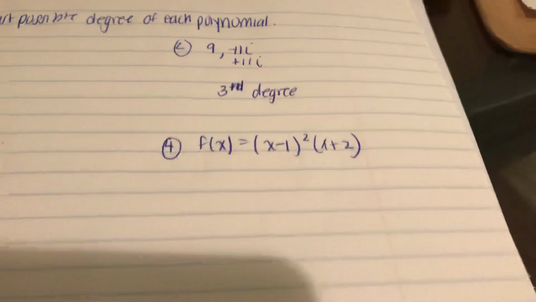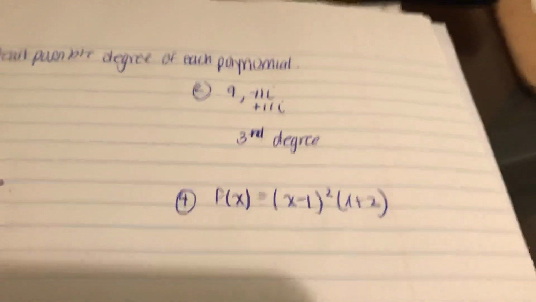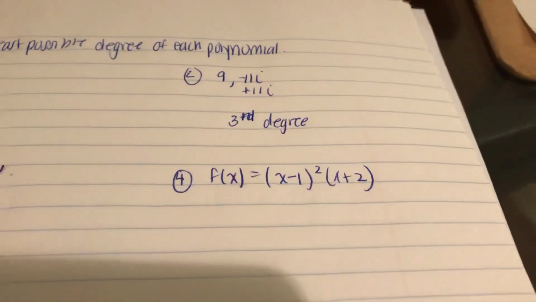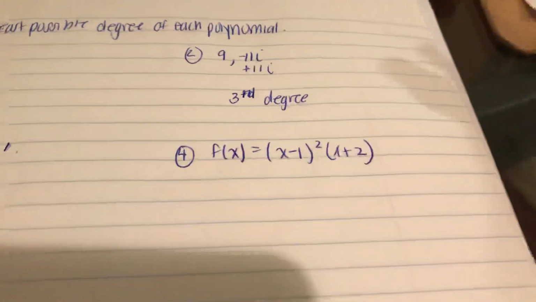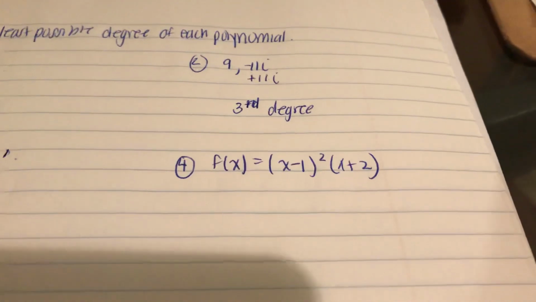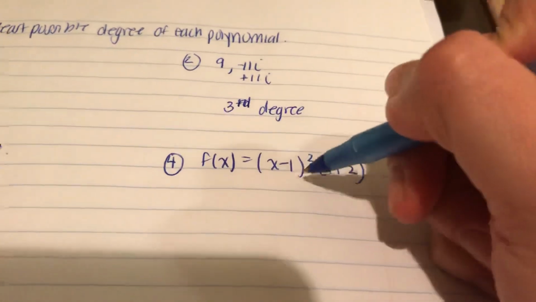Now let's look at this one. So this one, it would take a long time to expand this out. You would have to multiply, you can distribute, use box method, but we could just analyze the structure of the polynomial here. The polynomial here is in factored form. So what we can do is look at the multiplicities of each factor.